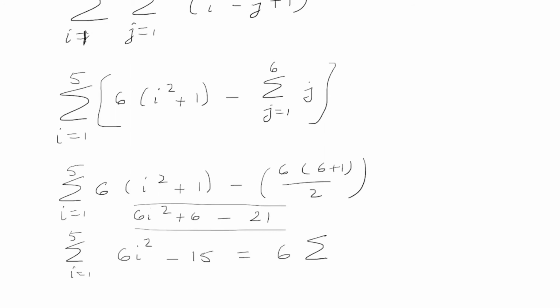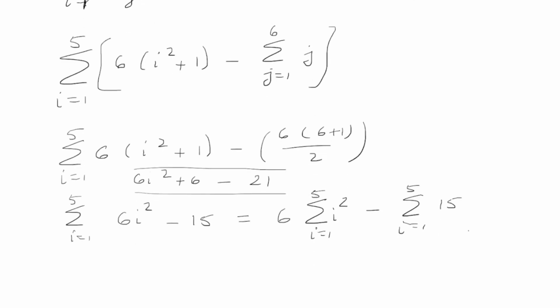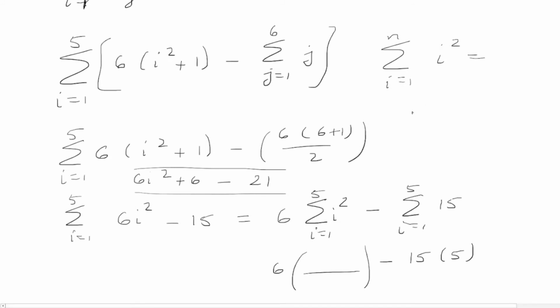So break this up into two separate summations, and we'll factor out the 6 and the negative. So this will be 15 times 5. And for this one, we can use a formula. So in general, the sum of i squared from i equals 1 to n is n times n plus 1 times 2n plus 1 all over 6.